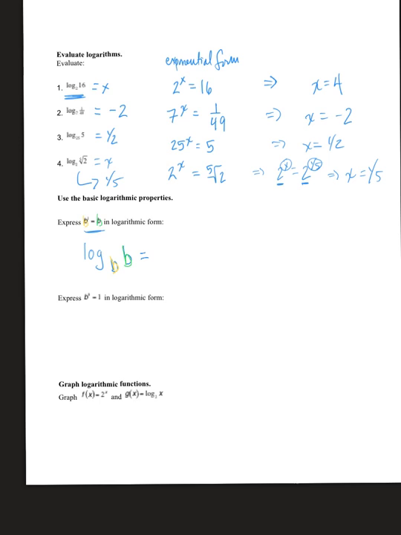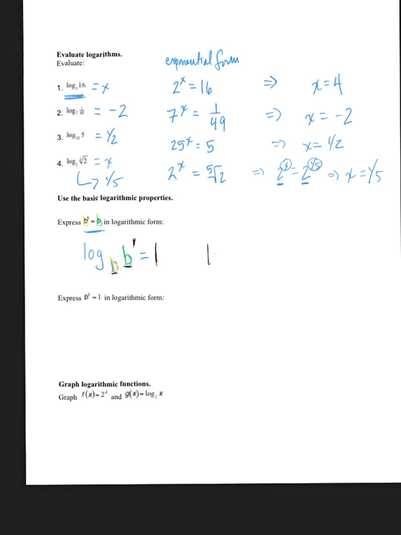The exponent of the left-hand side, which would be 1. So what this is telling you, and what you should be able to recognize, is if the base of the log equals the base of the argument, then that just equals the exponent of the argument, in this case, 1.